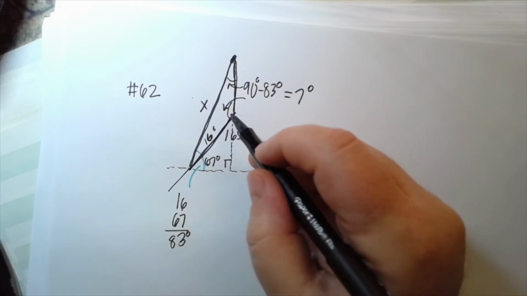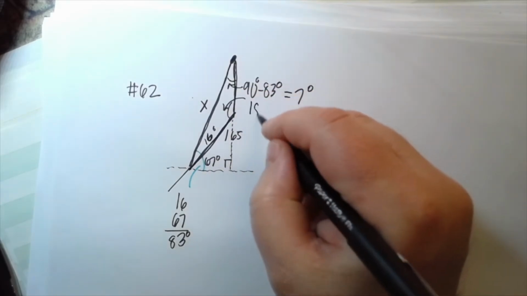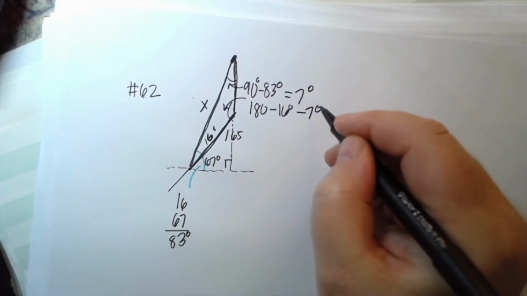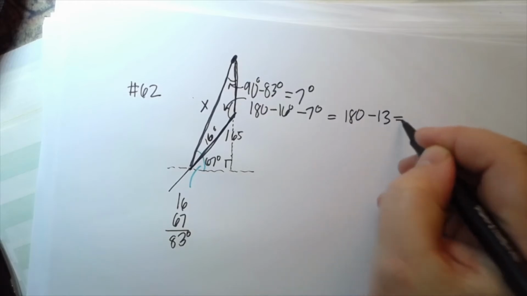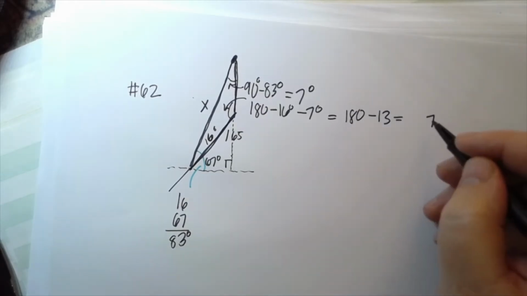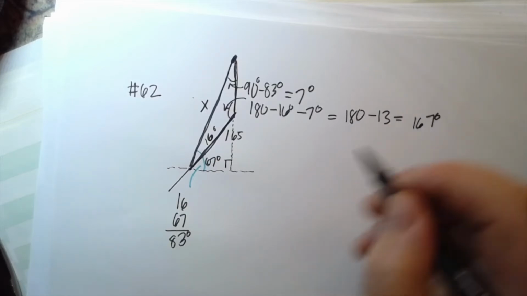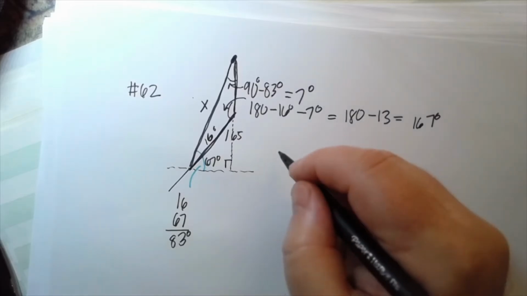Now this angle right here, the sum of the angles of the triangle is 180, so this one would be 180 minus 16 minus 7 degrees. That would be 180 minus 13, or 167 for that angle right there. Now we can set up the law of sines.